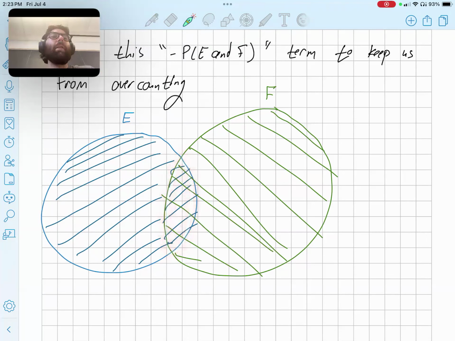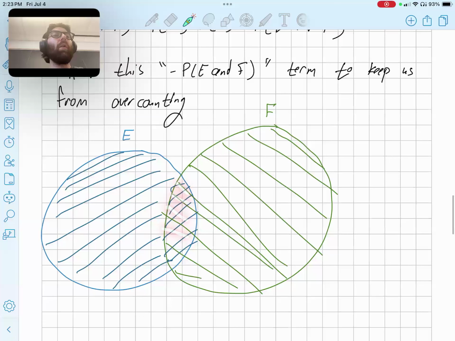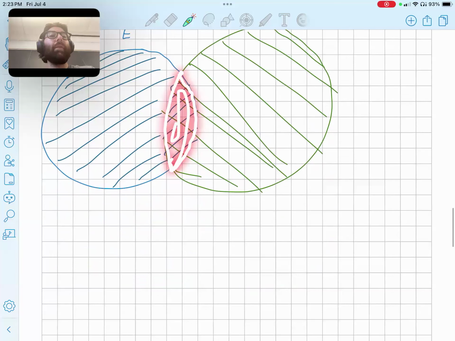We're counting it once for everything that's in blue, and another time for everything that's in green. But we don't want to count it twice, so we subtract everything that's in here because we have 2 of these guys. So we subtract 1 away, and that gives us our proper count.